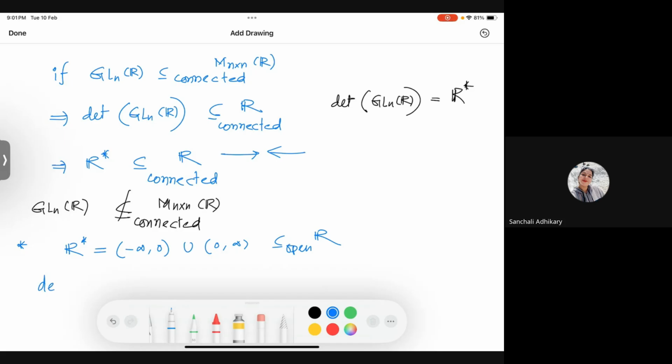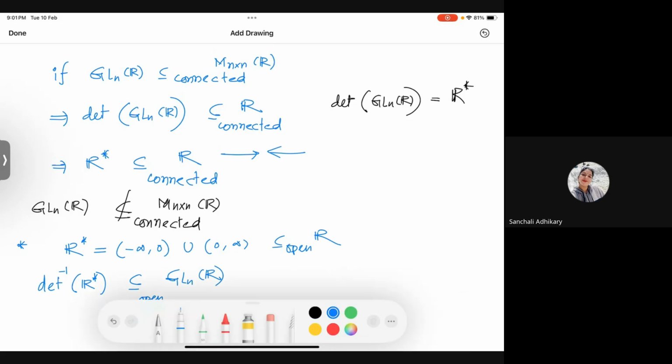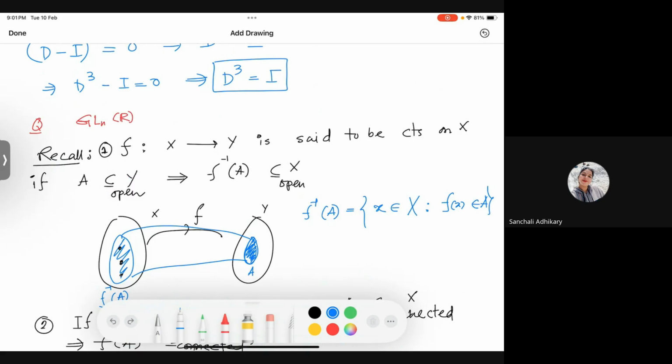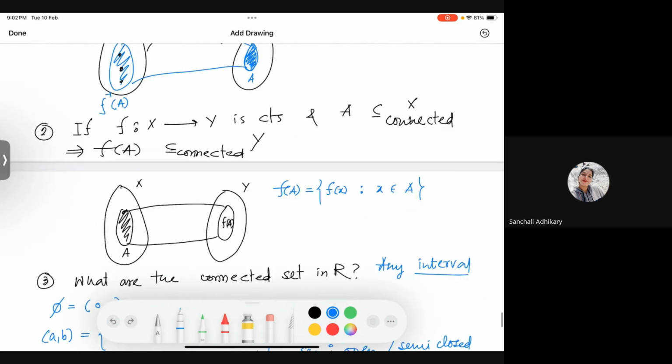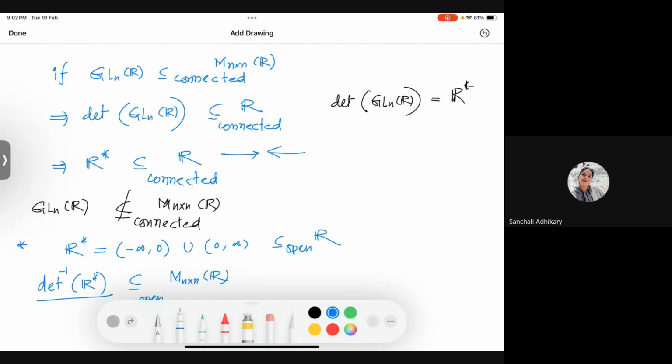If you take f inverse of R star, this is also open in GLnR by this theorem: if A is open in Y, then the inverse image of A is open in X. This is open because the determinant function is continuous and R star is open.